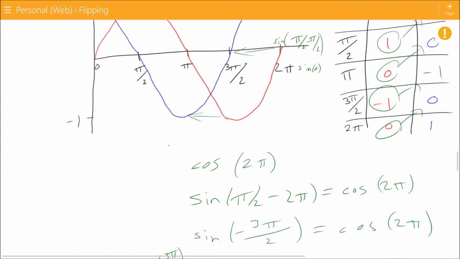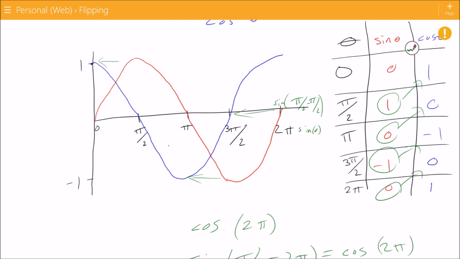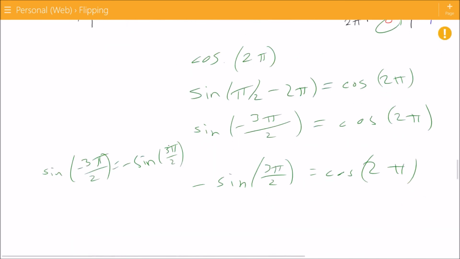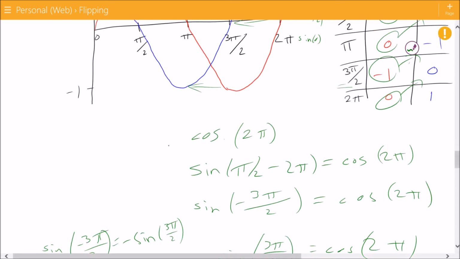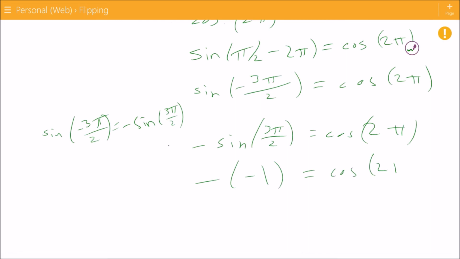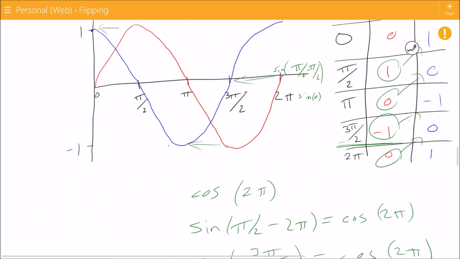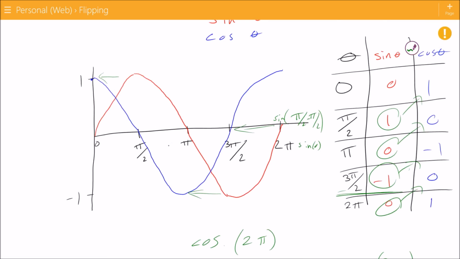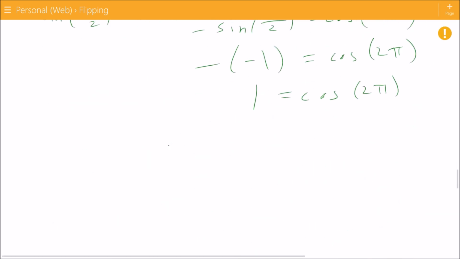Sine of 3 pi over 2, we can go back to our table, which is negative 1 right here. So negative 1 is equal to the cosine of 2 pi, so 1 is equal to the cosine of 2 pi, and remember, cosine of 2 pi is actually just right there, 1. So 1 equals 1, and everything checks.